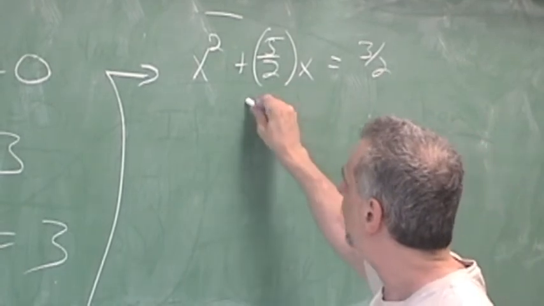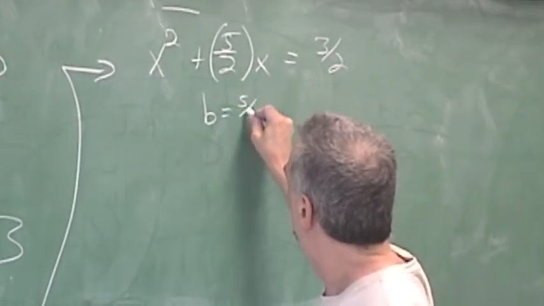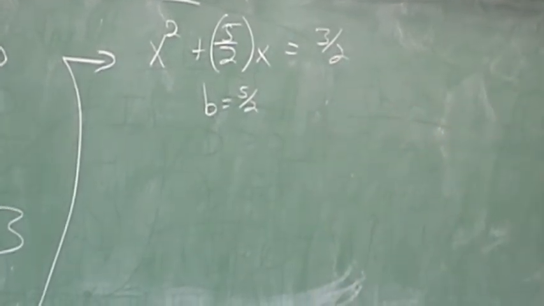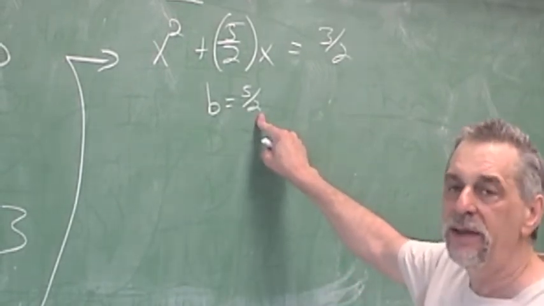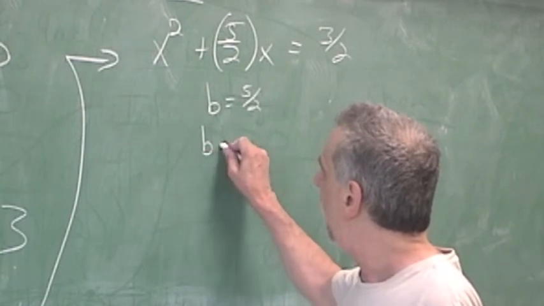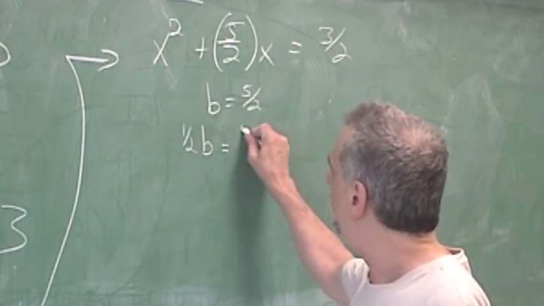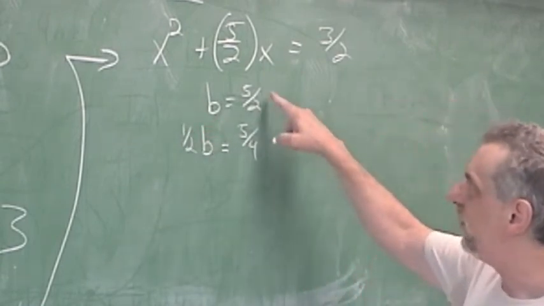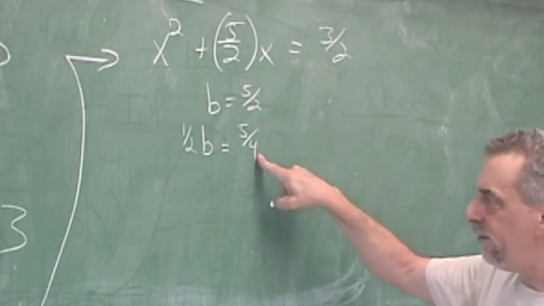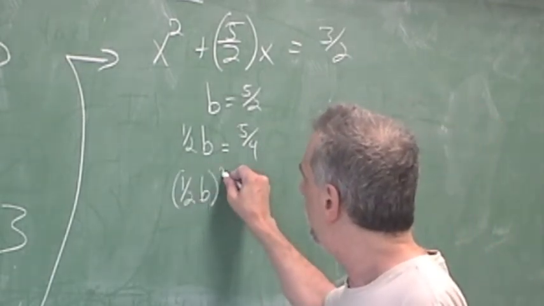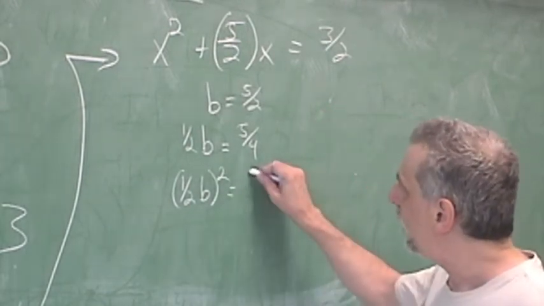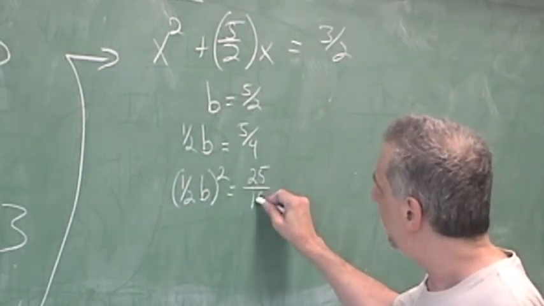So now our b term is 5/2. Half of the b term, when you're taking half, all you're doing is doubling the denominator, right? So half of that b term is 5/4, right? 5/2 times 1/2 gives me 5/4. And we're squaring that term. 5 squared is 25, 4 squared is 16.